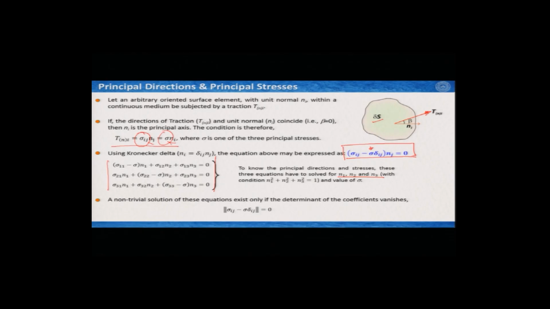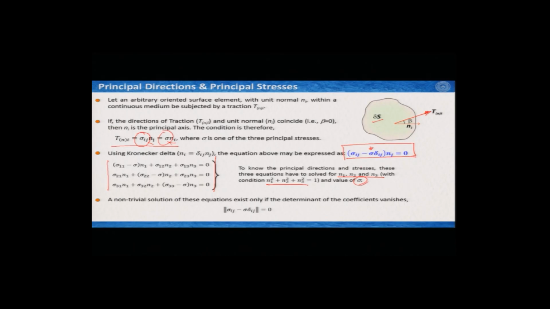You also have a condition, which we have learned with the force, that N1 square plus N2 square plus N3 square should sum to 1, and then of course you have to figure out the value of sigma.